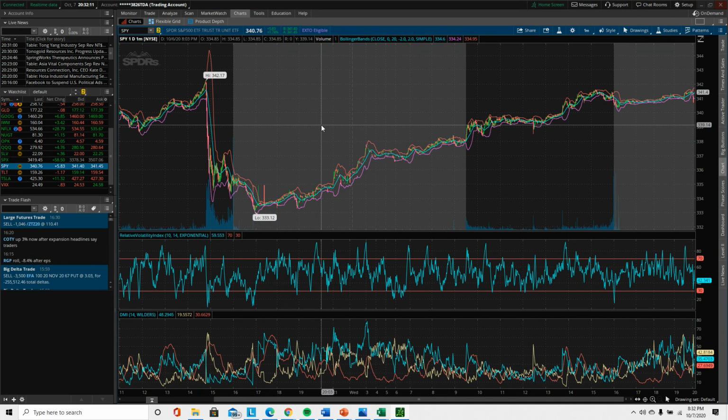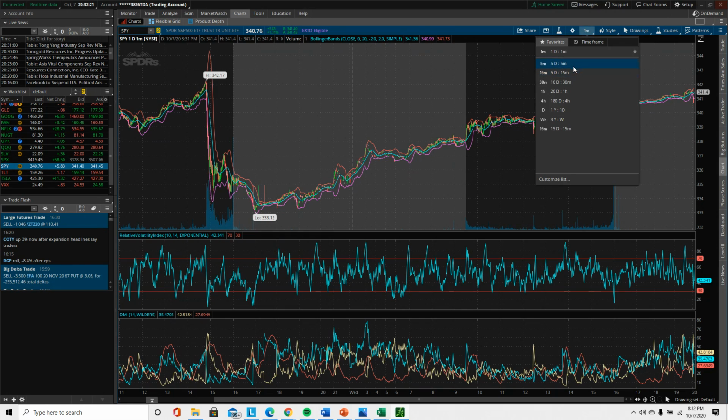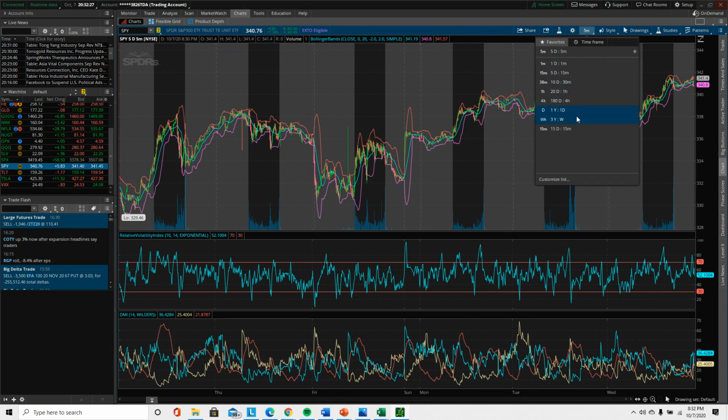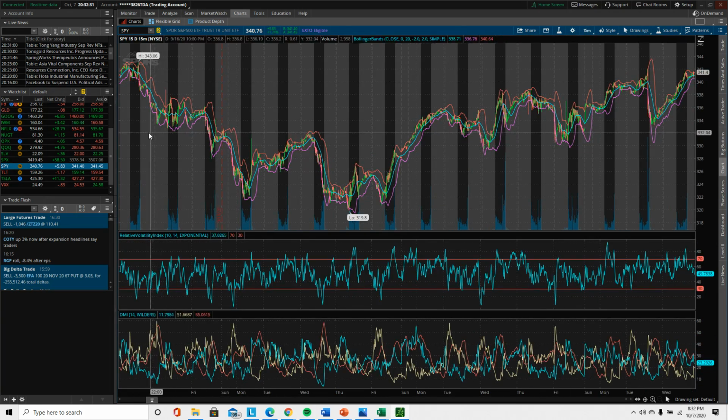We like to have it here. It provides more information, but sometimes it can look a little busy and complicated. I'll give you an example. The 5-day chart starts to look a little complicated, but it's manageable. When we go to the 15-minute, 15-day chart, that's where it can look a little complicated.